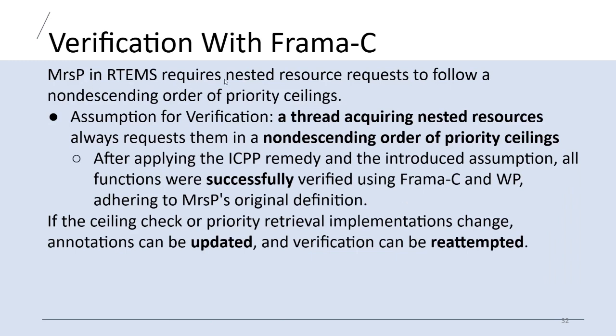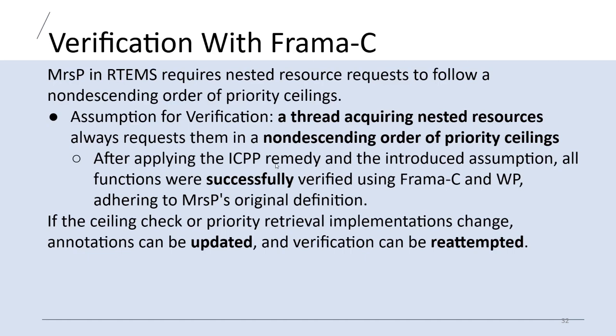MrsP in RTEMS requires nested resource requests to follow a non-descending order of priority ceiling, an assumption for verification: a thread requiring nested resources always requires them in a non-descending order of priority ceiling.